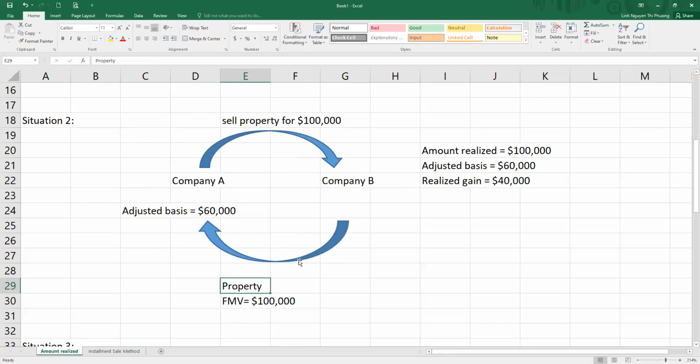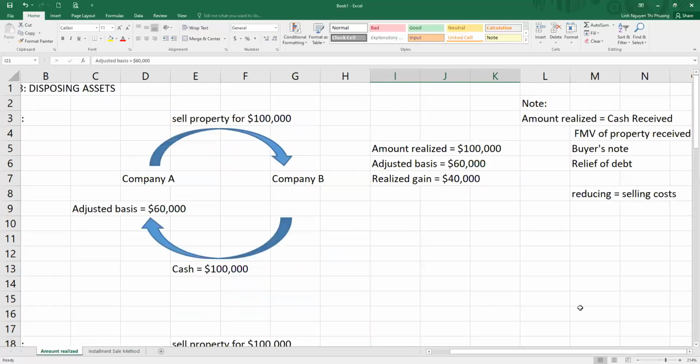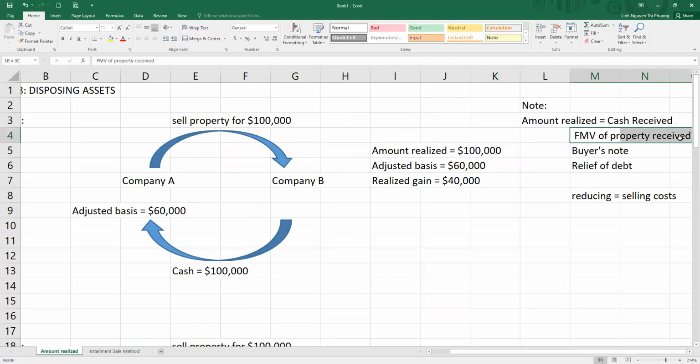In this case, company B doesn't give company A any cash. It is an exchange of property. So the amount realized will be equal to 100,000. Adjusted basis is still the same, 60,000, and realized gain will be 40,000. So remember that amount realized also equals the fair market value that we receive.